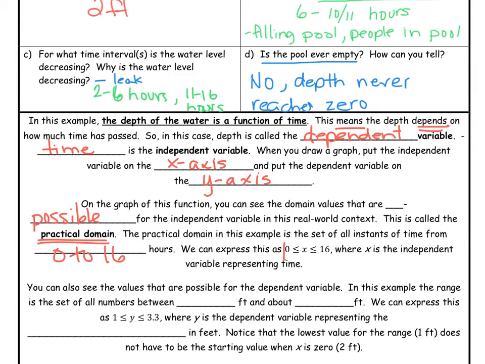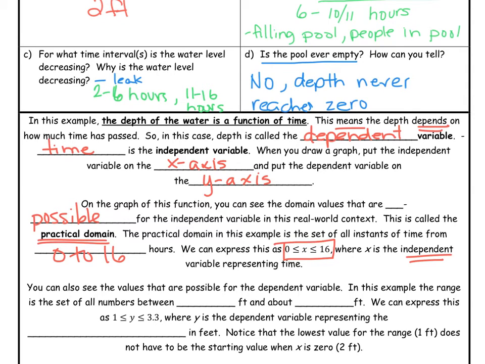And we can express this as an inequality where x is the independent variable representing time. So it wouldn't make sense to have negative 50 because we don't have negative 50 hours. But we do have hours from 0 to 16 in this case.